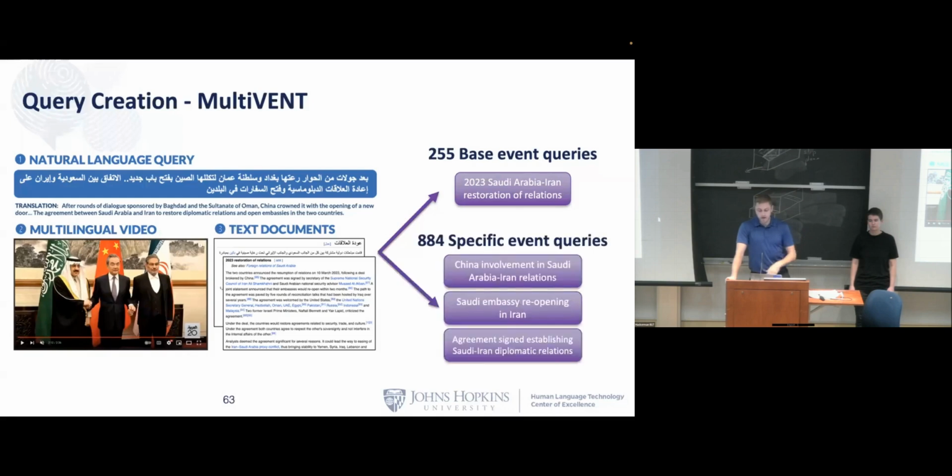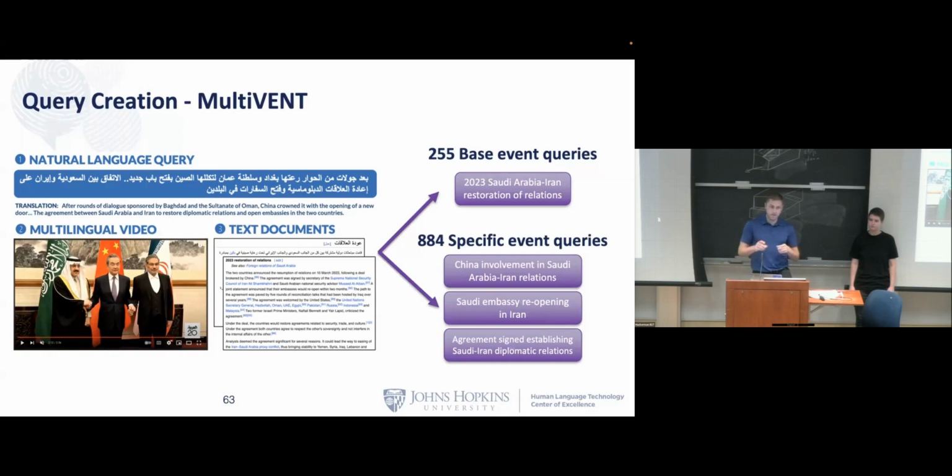Then we also had a second layer of queries targeting specific aspects of that event. Here, there are many things that happened within the restoration of relations between Saudi Arabia and Iran. One is the involvement of China. One was the reopening of the Saudi Arabian embassy in Iran, and then the actual agreement being signed, which established diplomatic relations.